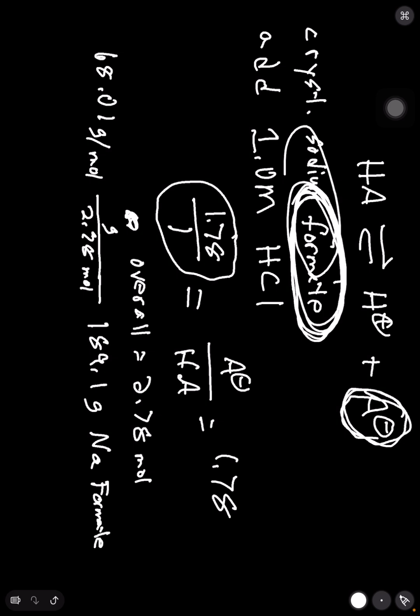I'm being lazy here, just writing formate instead of doing the formula. Sorry about that. All right, so that tells you half the problem there, right? We need to start off by weighing out this much sodium formate, dumping it in a container, all right? And overall, we have 2.78 moles of formate in the container. We need to convert 1 mole of this into formic acid.